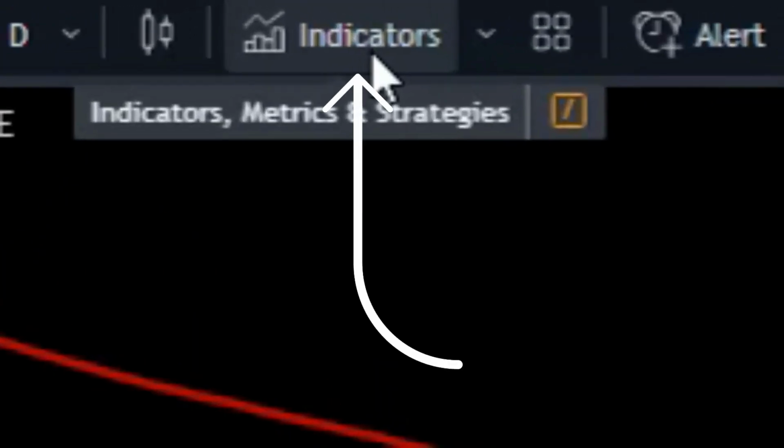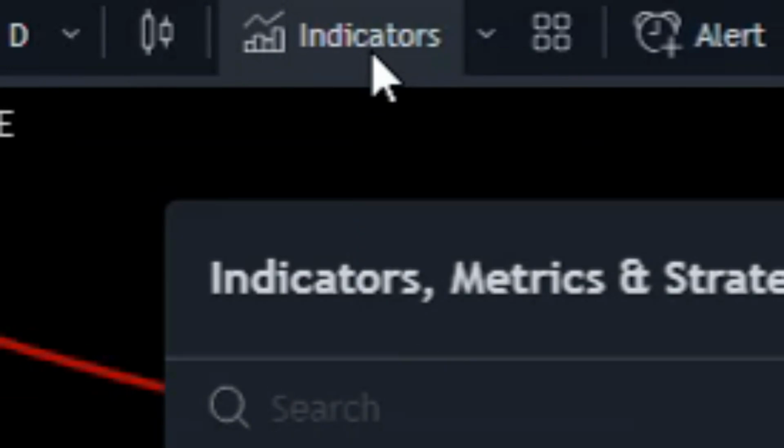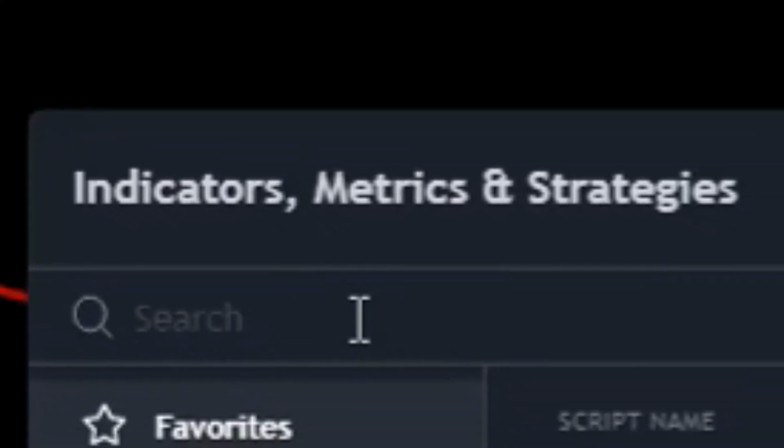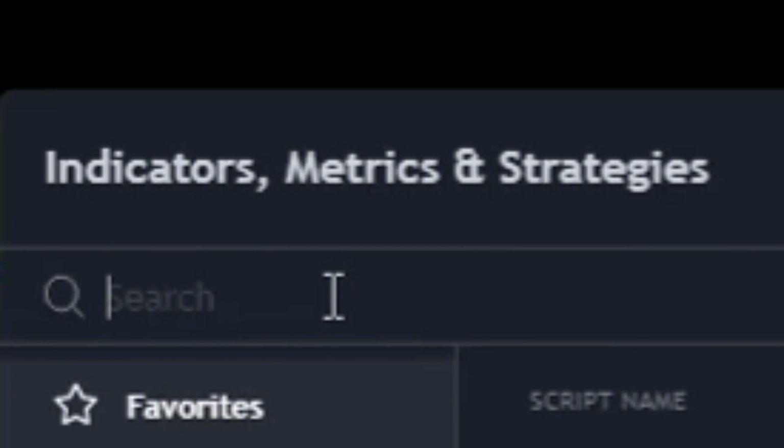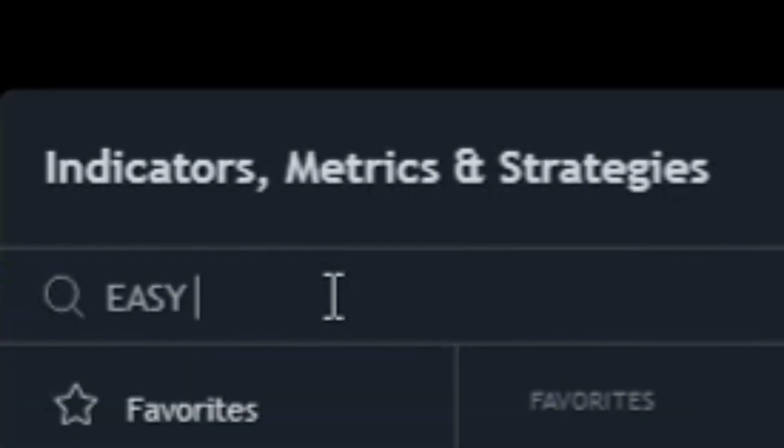Alright, so the final indicator we've got to add to the chart is called Easy Entry Exit Trend Color. This indicator can provide valuable entry and exit confirmations within the context of the other 2 indicators already analyzing the trend.